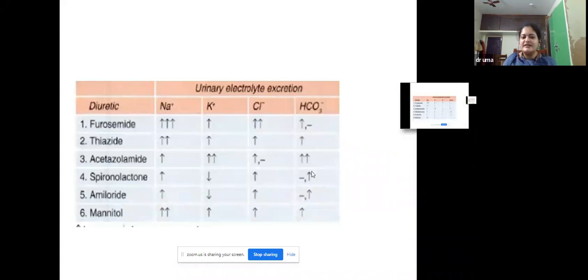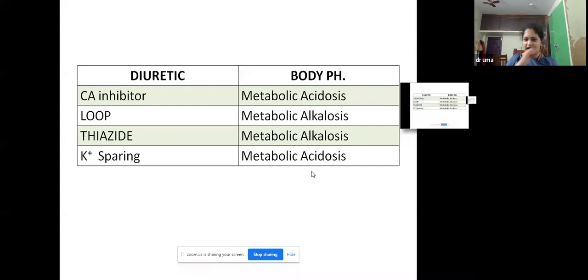For potassium, the potassium-sparing diuretics like spironolactone and amiloride decrease the potassium excretion. And they cause the excretion of chloride and bicarbonate. And the body pH is altered by these diuretics: loop and thiazide produce metabolic alkalosis. And carbonic anhydrase inhibitors and potassium-sparing diuretics produce metabolic acidosis.